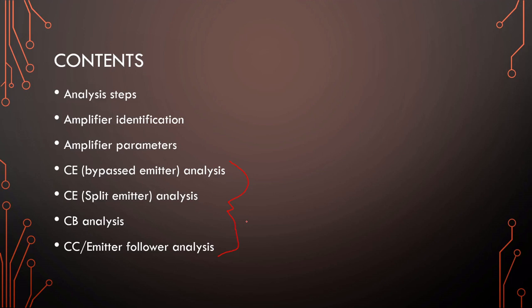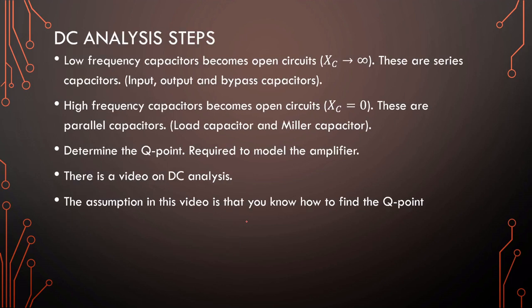Okay, so let's have a look at the steps. For the DC analysis, you're first going to remove all the capacitors from the system. All low frequency capacitors will become open circuits, all high frequency capacitors will become short circuits.